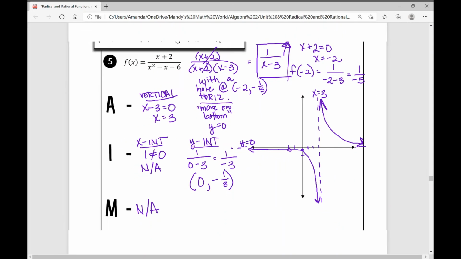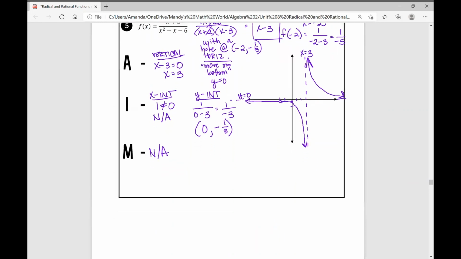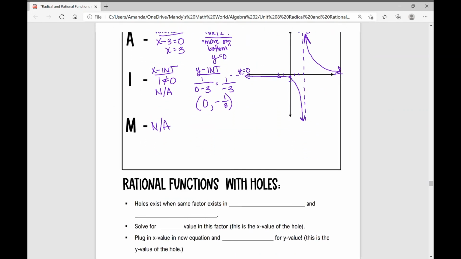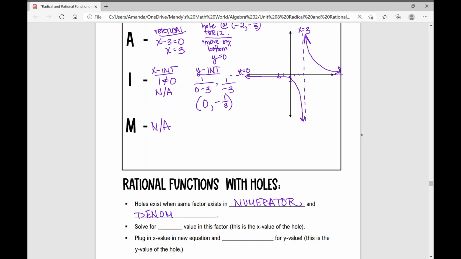So these rational functions with holes, what you have to remember is holes exist when the same factor exists in the numerator and the denominator.